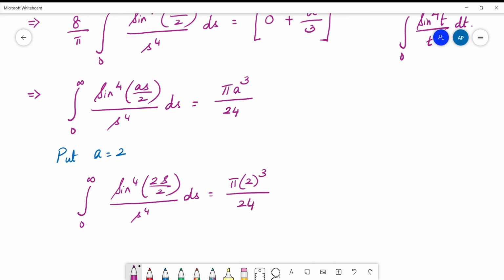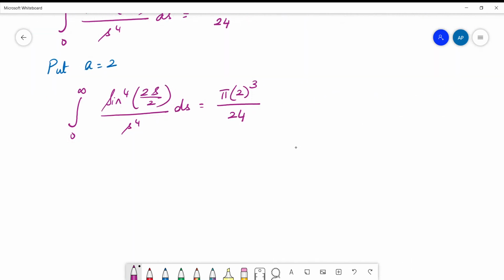So if I cancel out the 2, the right hand side is 8 by 24, which is 1 by 3. So when I simplify this, integral 0 to infinity sine power 4s by s power 4 ds is nothing but pi by 3, because it's 8 by 24.